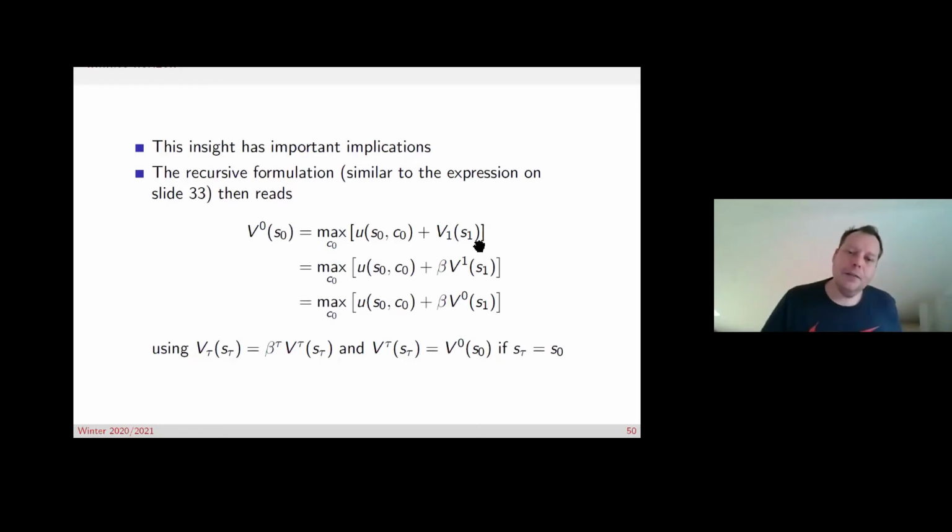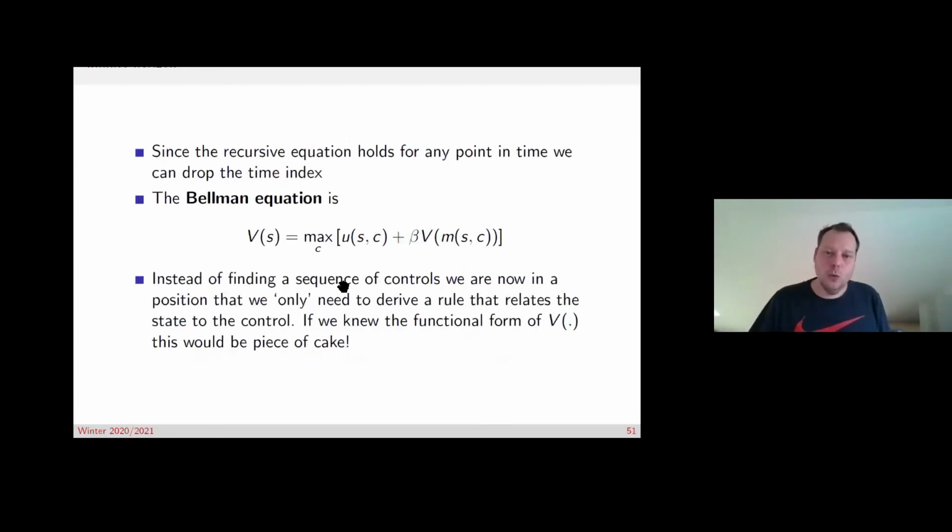Okay, and if you do that, well, then we basically come to the conclusion, because this is just a normalization, right? That this is 0. So this is the period that we are in. It could be any period that we are in. Okay, so this basically holds true for any point in time.